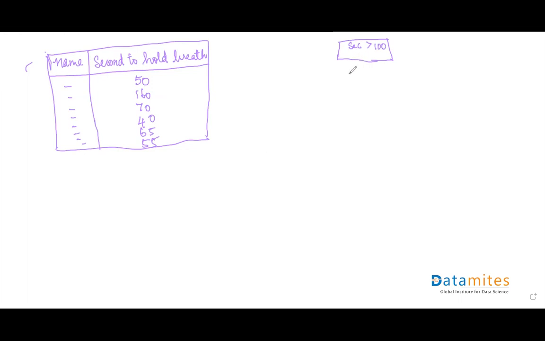Whichever observation has more than 100 seconds will be split and come here. In this data set we have only one observation which is greater than 100, right? So that data point will come here, and all other data points will come here.